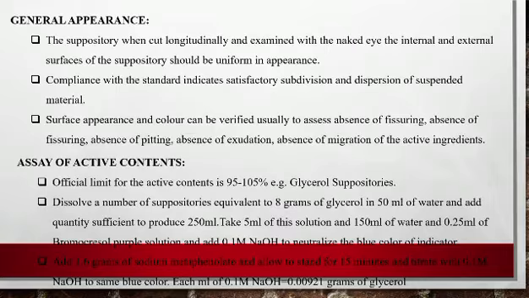First, we have to dissolve the number of suppositories equal to 8 grams of glycerol in 50 ml of water, and make up the quantity to 250 ml of water. From that, we take 5 ml of the solution and 150 ml of water, and 0.25 ml of bromocresol purple solution is added to it.